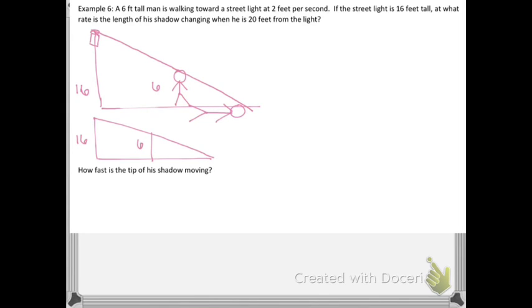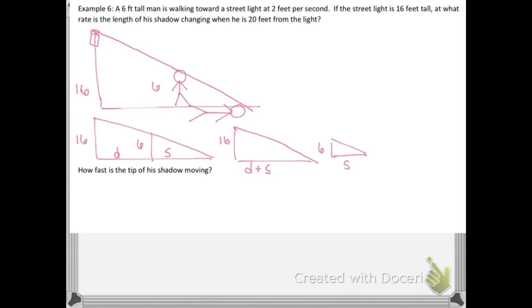I like to call this S for the shadow length, and I like to call this D, this distance from the street light. So if we separate these overlapping triangles, the big triangle is going to have a height of 16 and a base of D plus S. The smaller triangle is going to have a base of S and a height of 6.